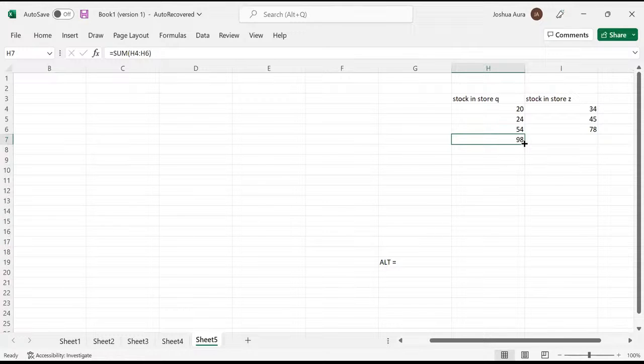So if I'm the one doing this, I would want to highlight this cell and the other cell. How do I do it? I can use my tab. When you press tab, it moves one step to the right. So when I'm here, I've already taken this to the right.